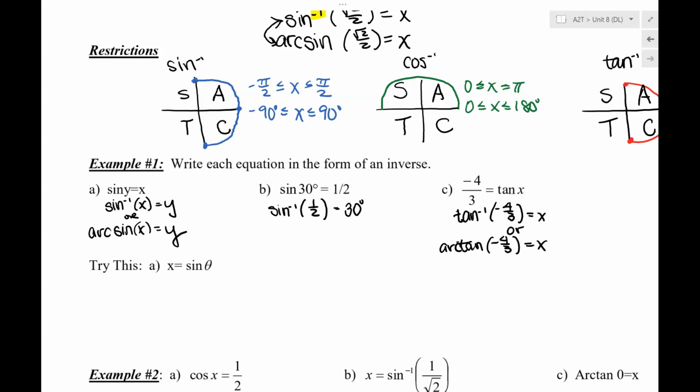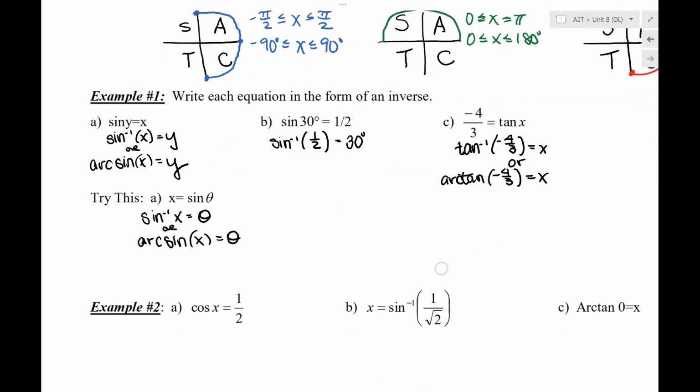Go ahead and pause the video for a hot second and try this. And now you're back. So it should say the inverse sine of x is equal to theta, or if you're fancy, you did the arc sine of x is equal to theta. So just writing it, you take the inverse of the side ratios always, and it equals the rotation, be it degree or radian.